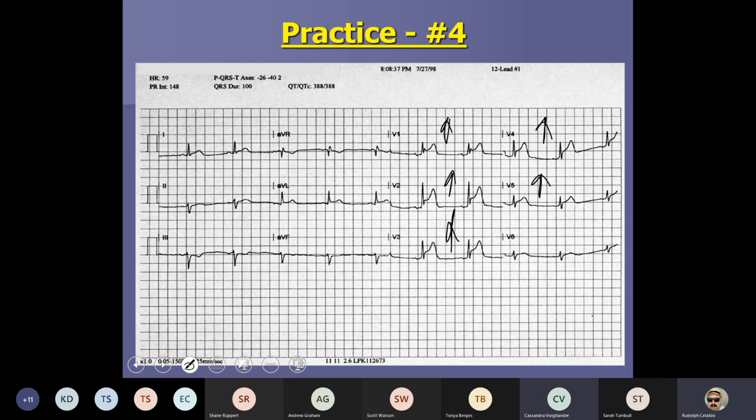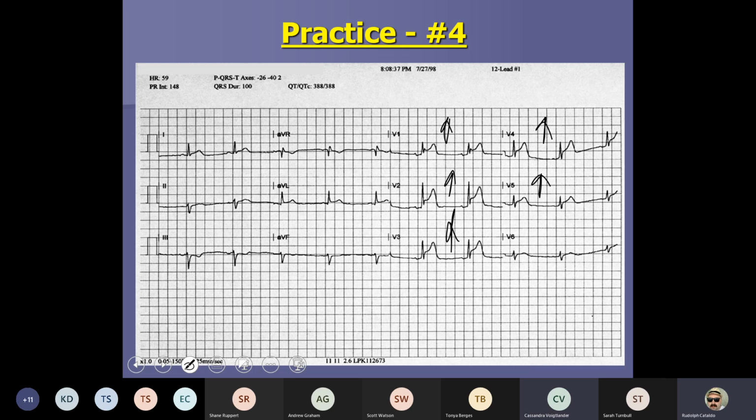So, if you remember that picture I had everybody take, what part of the heart is that? Inferior? Nope. Okay, I'm trying to find the picture. No, you're good. Anterior, septal, and lateral.